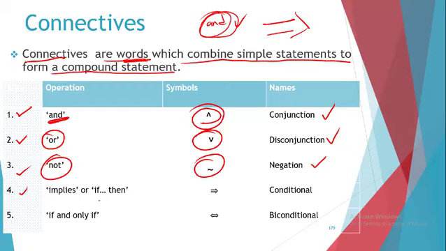That's conditional. We call it conditional, and it has the symbol that looks like a double arrow. Now we have the last one, if and only if, and the symbol is this, and we call it biconditional.